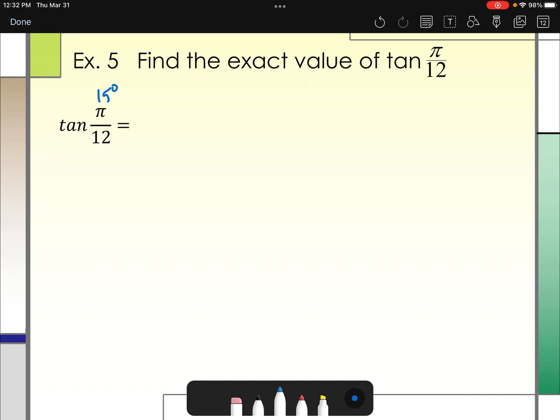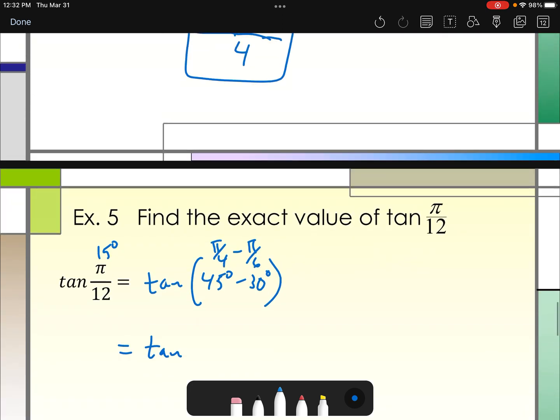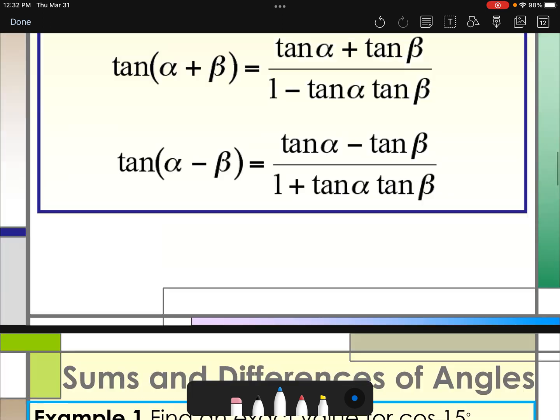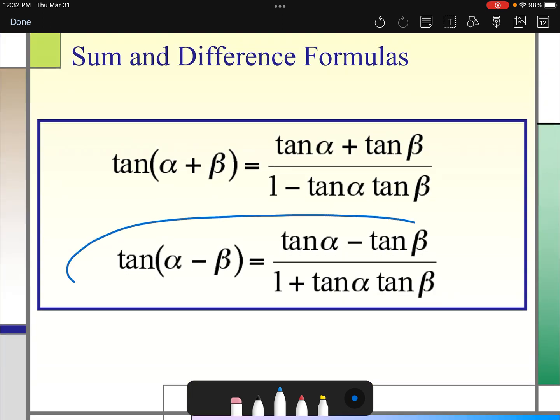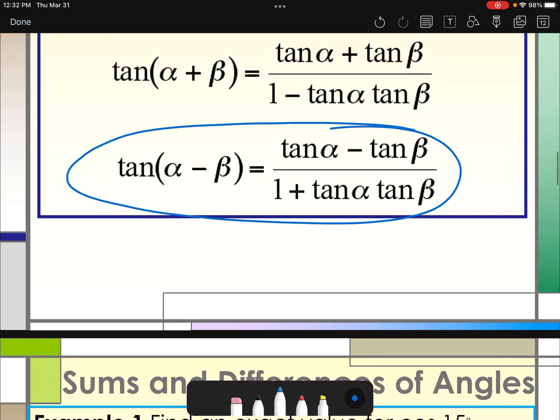So pi over 12, remember, is 15 degrees. So I'm going to use 45 minus 30 again. And yes, you can just convert it to degrees if it's easier to subtract. Or this is what, pi over 4 minus pi over 6. Okay, so now we're going to use tangent subtraction, and that's this one.